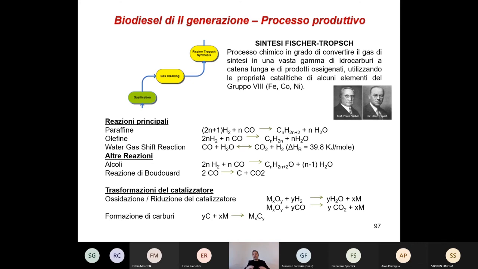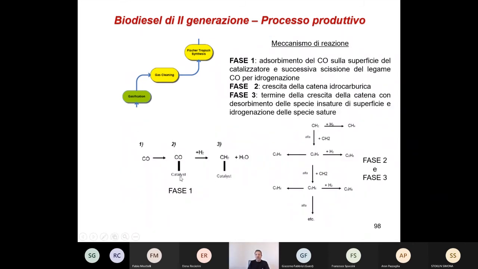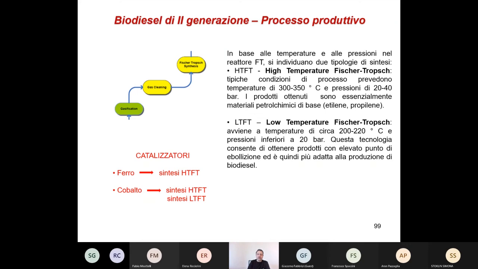And so, yes, you have another way to see CO that reacts with H2 to obtain, for example, CH2. Then another reaction to enlarge the chain to C2H4, and so on, up to the final biodiesel chain. Okay, very high temperatures, very high pressure are needed, a lot of catalysts.